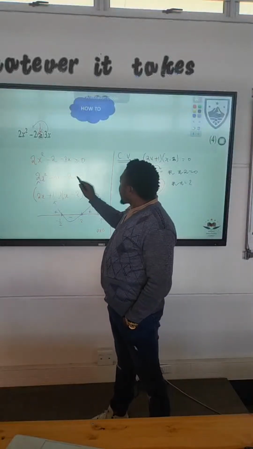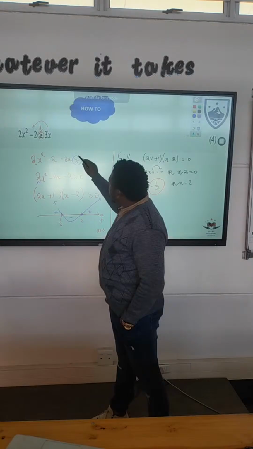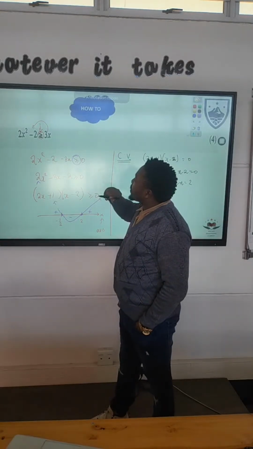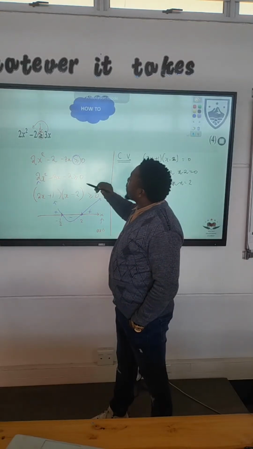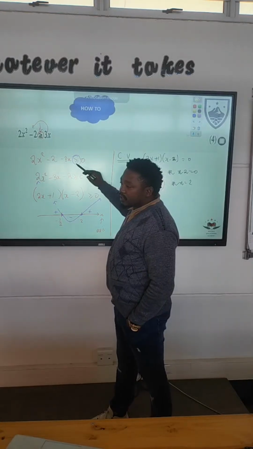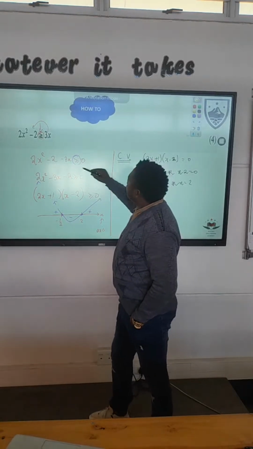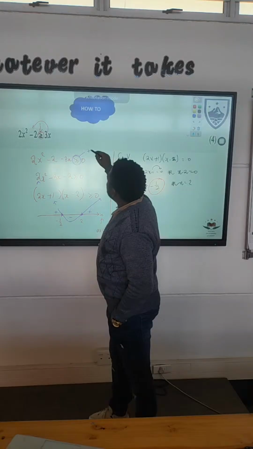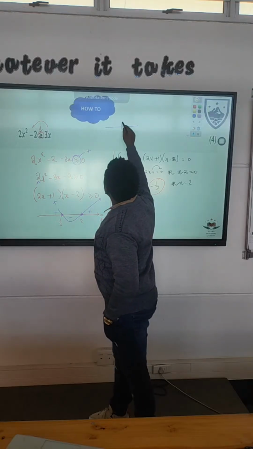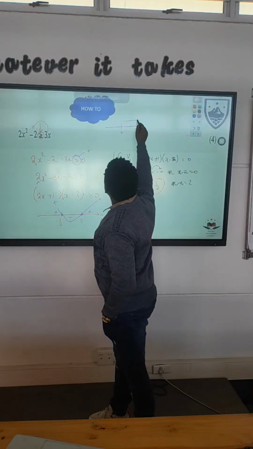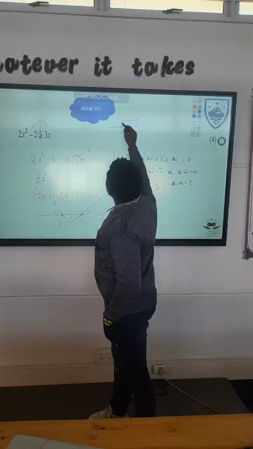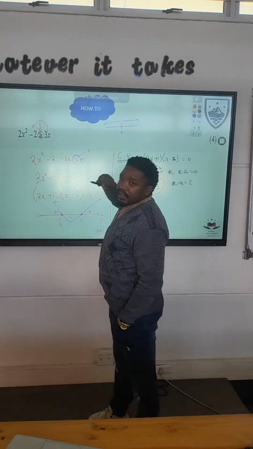But greater than, when you see greater than, I want you to also get used to saying greater than or equal to. Anything greater than 0 is actually positive on any number line. If this is 0, anything greater than 0 will be this side, anything less than 0 will be this side.